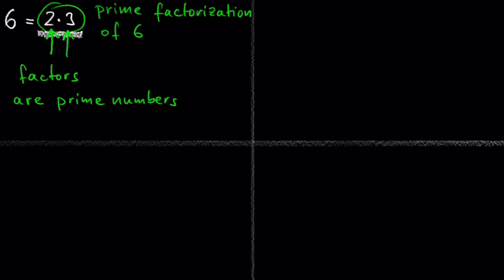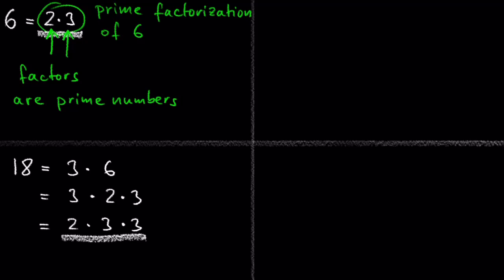Let's look at the number 18. The factors of 18 are 3 and 6. And the 6 is 2 times 3. So we get 2 times 3 times 3. But which one of these products is the prime factorization of 18? Prime factorization means that the factors have to be prime numbers.